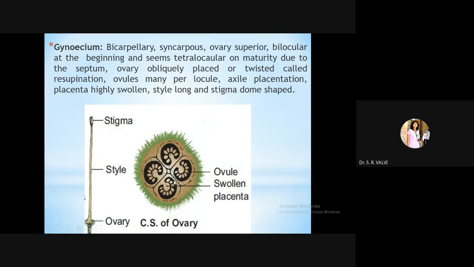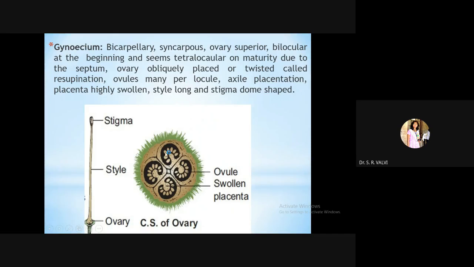In the rest of these families, in the ovaries, this line is straight, it is not slanting. But here in case of Datura, this septum is in a slanting or oblique manner, obliquely placed. And hence it is called what? Resupination.